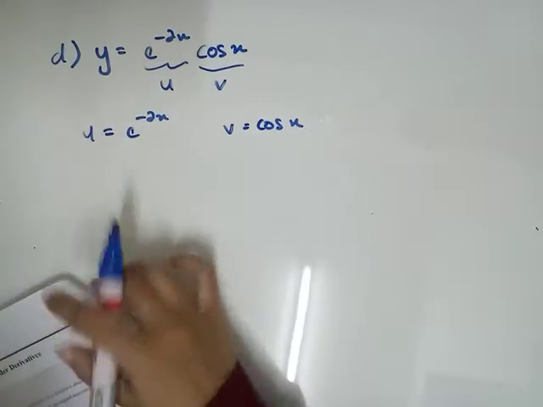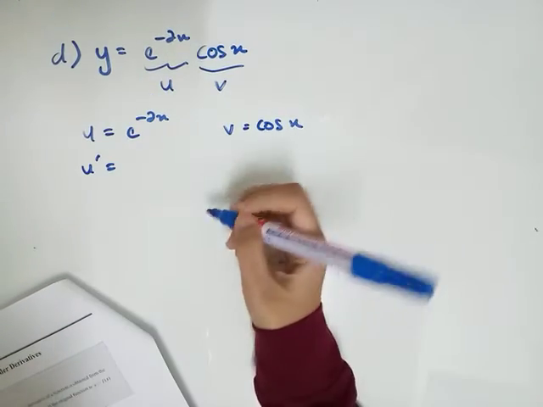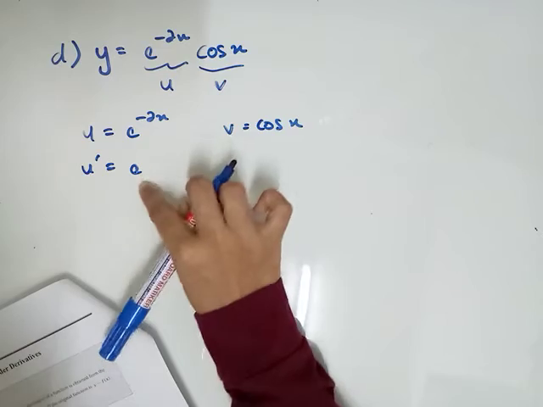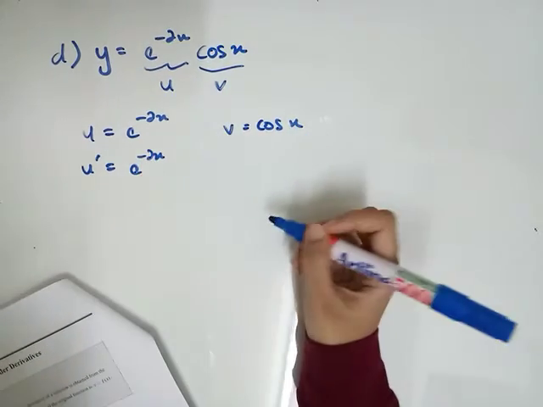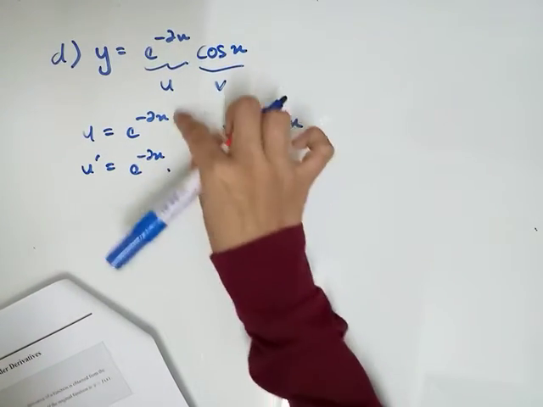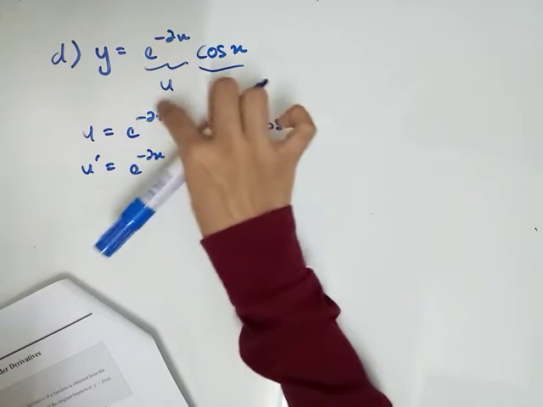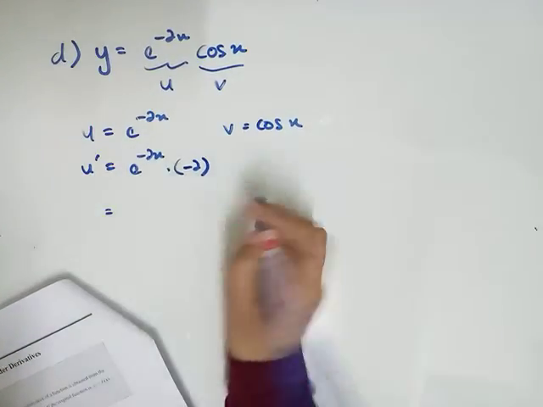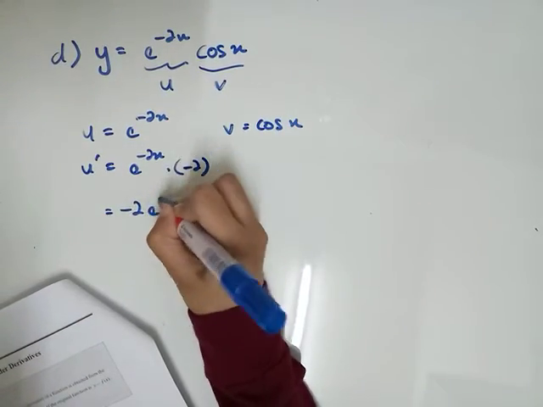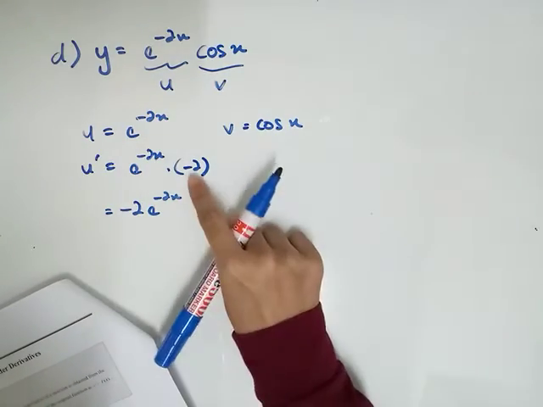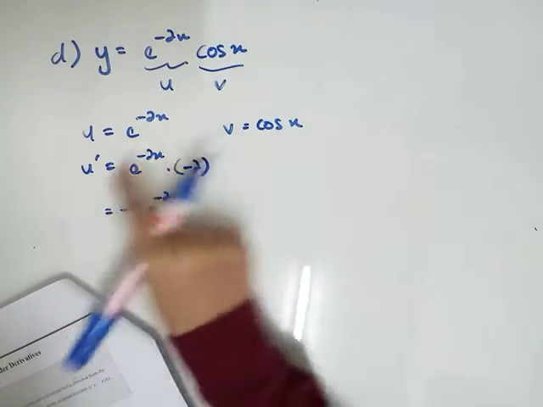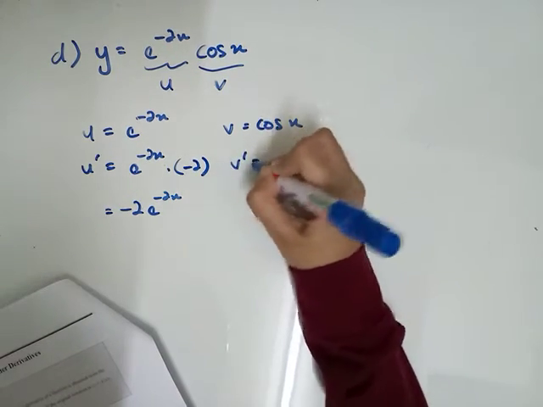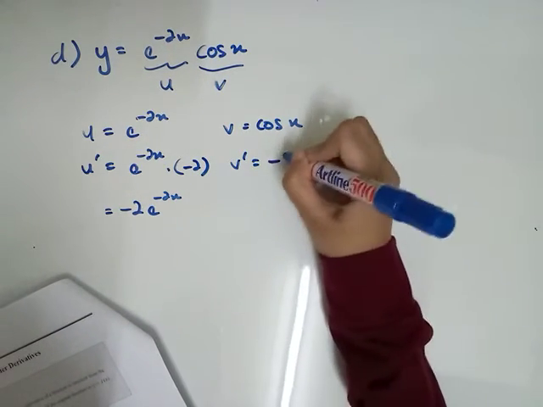Then differentiate u prime: differentiate e to the negative 2x, differentiate the exponent, you still get exponent negative 2x, and then times differentiate negative 2x, you get negative 2. So the answer for u prime is negative 2 e to the negative 2x. The constant number, bring in front. And then v equals cos x, so v prime, differentiate cos x, you get negative sin x.